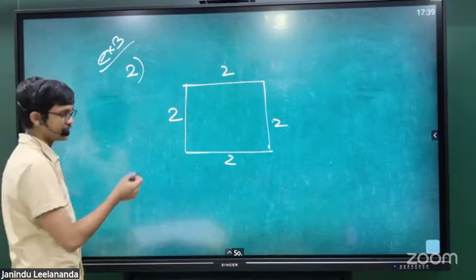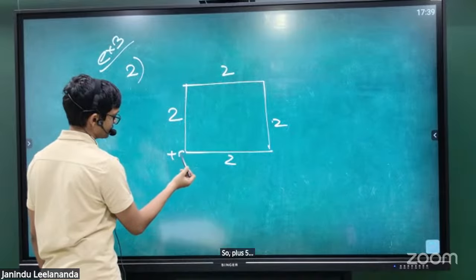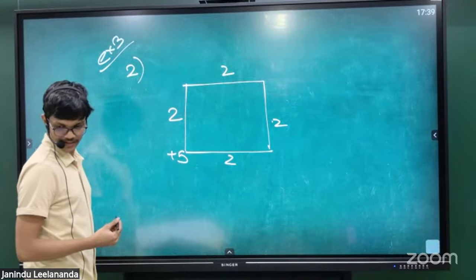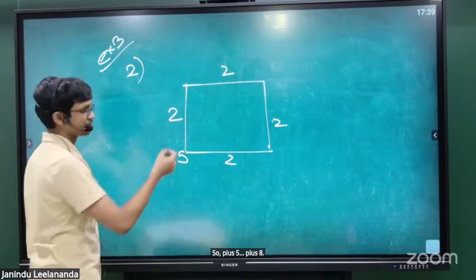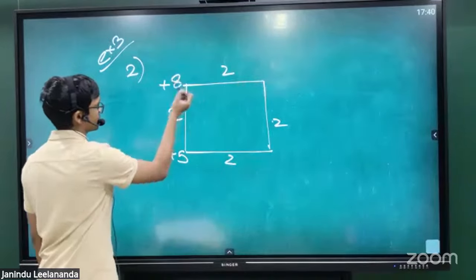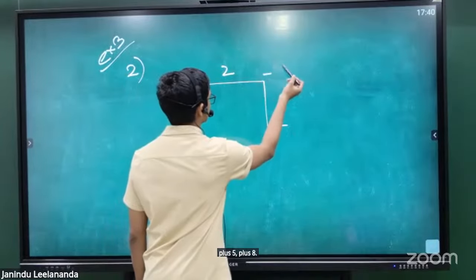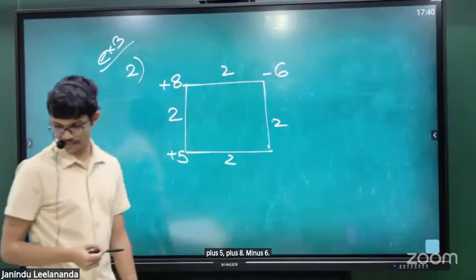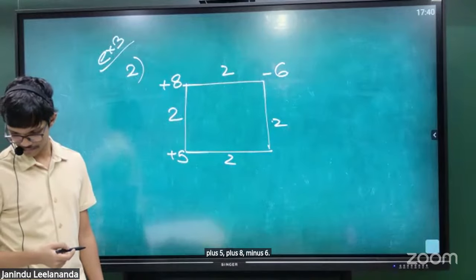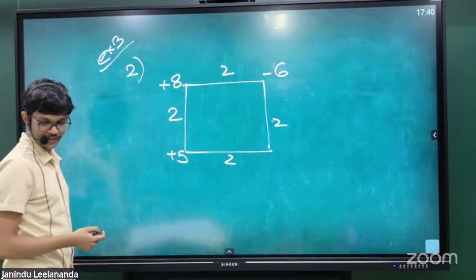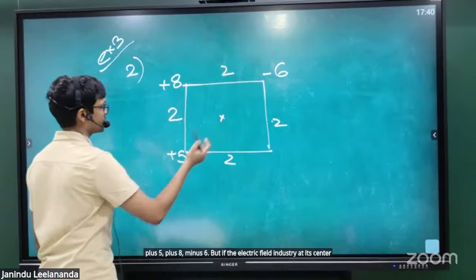So +5, +8, -6. What is the electric field intensity at its center? Quite simple. What should you do?